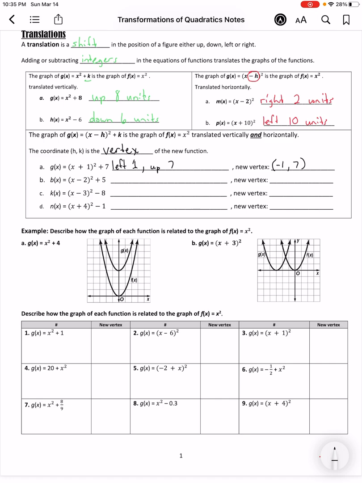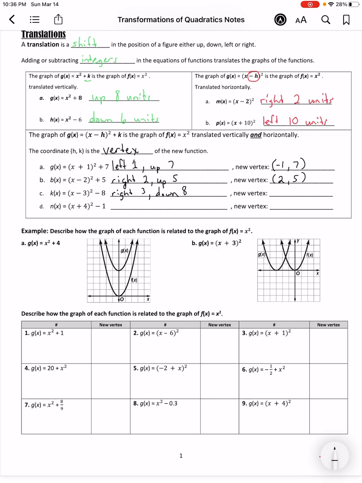Looking at B, because it says minus 2, I know that that is right 2, and then plus 5 would be up 5. So since we're going right 2, up 5, our new vertex would be 2, 5. On C, x minus 3 all squared minus 8 means that we're going right 3, and we're going down 8.